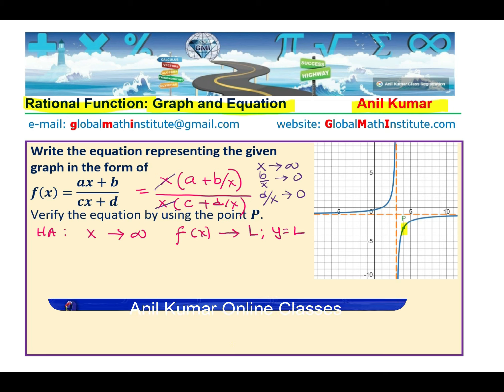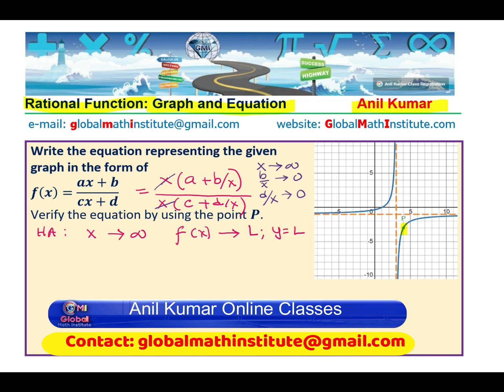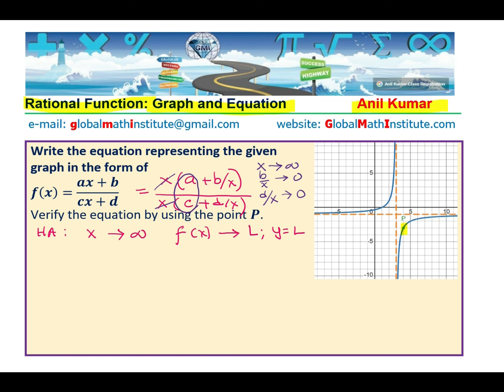So what happens to the function? The function approaches a over c. Do you see that? So we can say very clearly that in this case f of x approaches a over c, and therefore the horizontal asymptote is y equals a over c. Is that clear? So the horizontal asymptote is this particular ratio of the coefficients of x in such an equation.